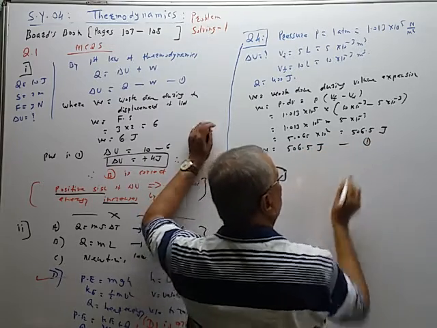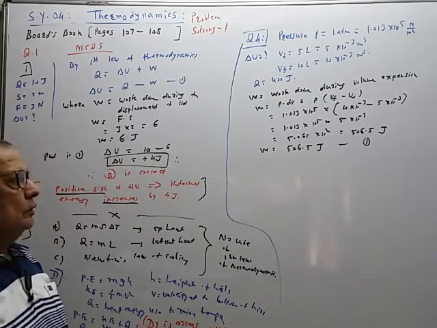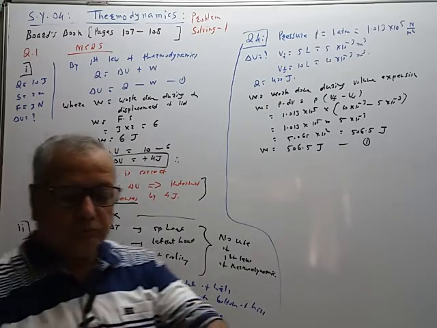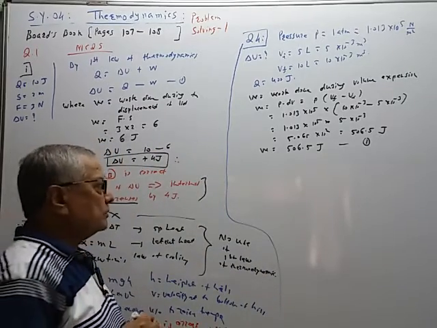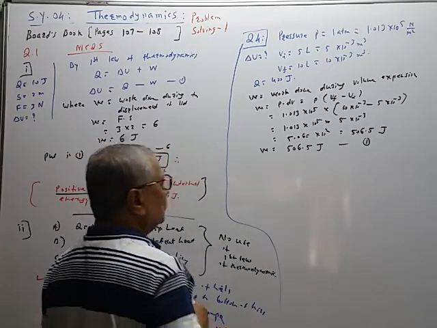So this is equation 1. So this much work is done by the system during the volume expansion. This work done is positive.